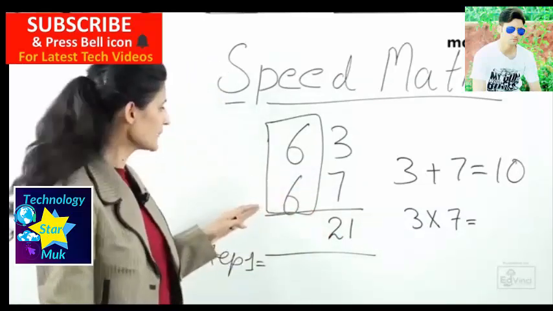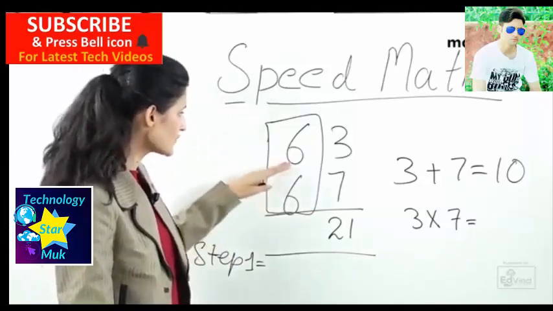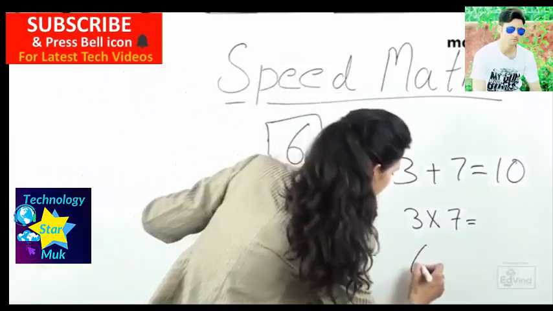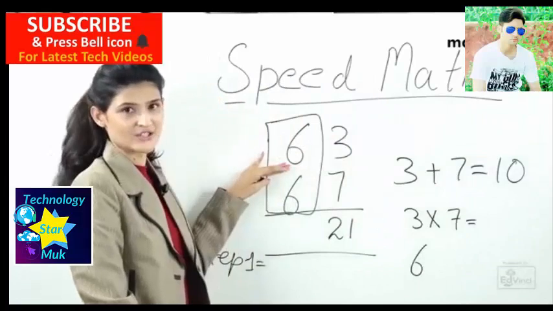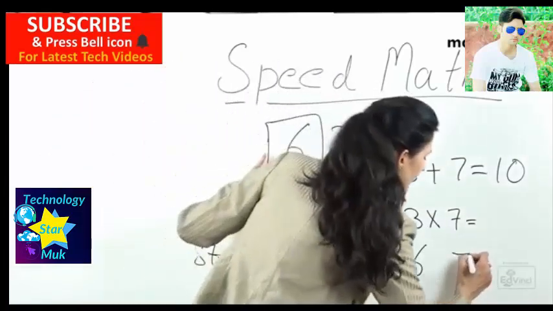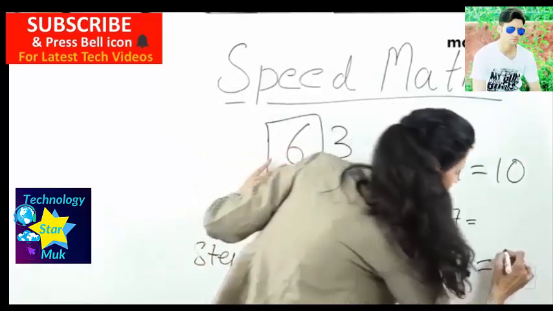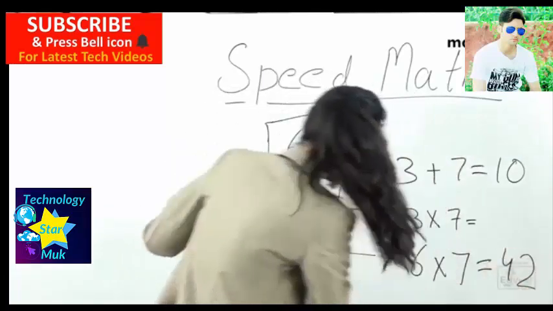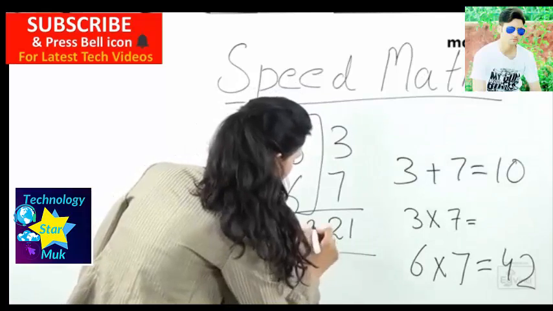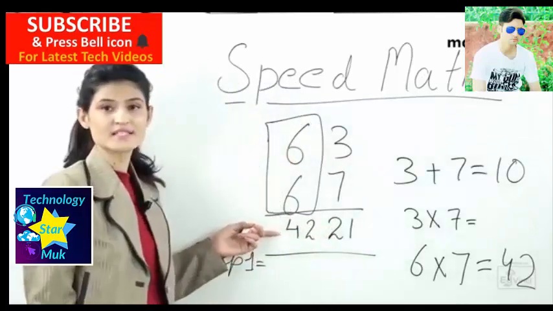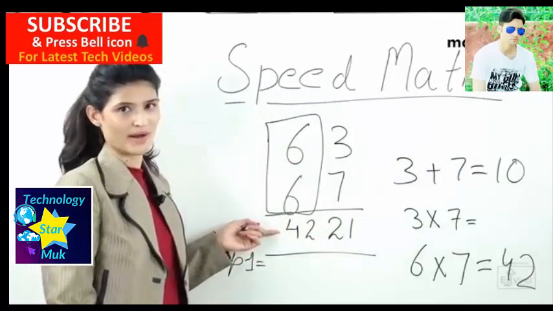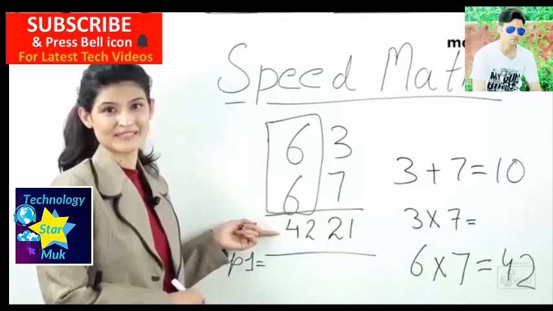To get the rest of the answer, you have to take this number, which is 6, and take the next integer to 6, which is 7, and multiply them. And you'll get 42. So put this 42 here, and your answer is 4221. You can cross-check with your calculators.